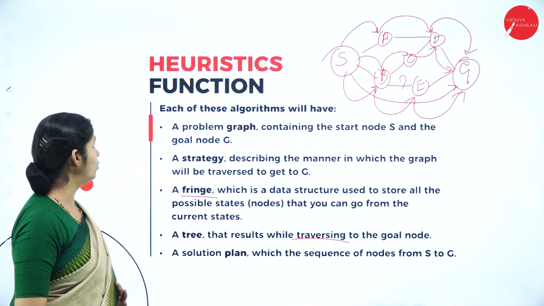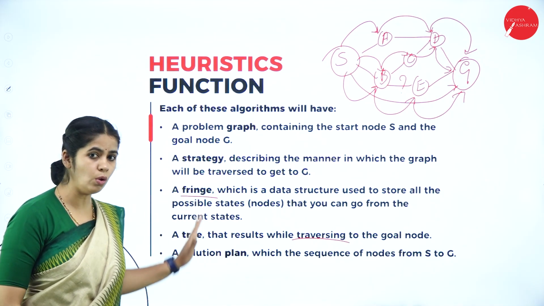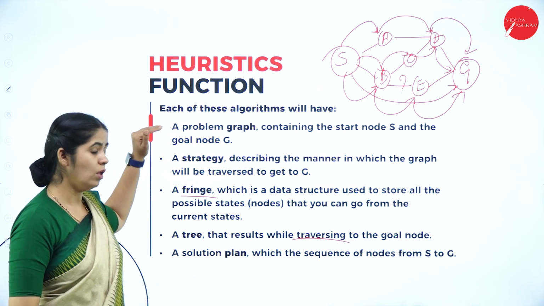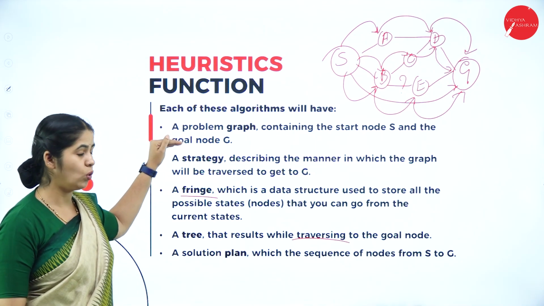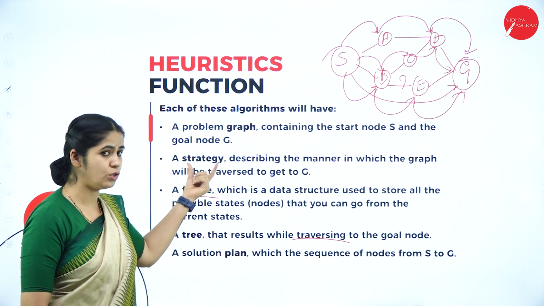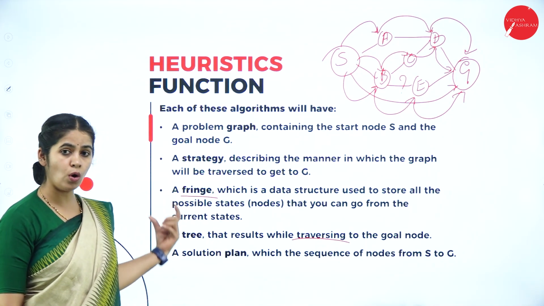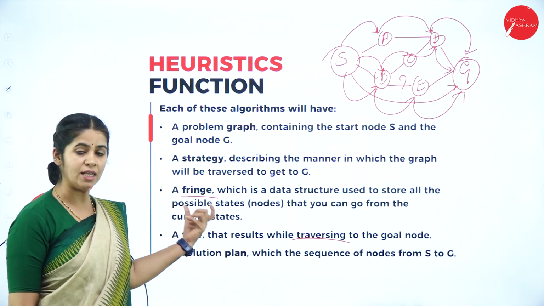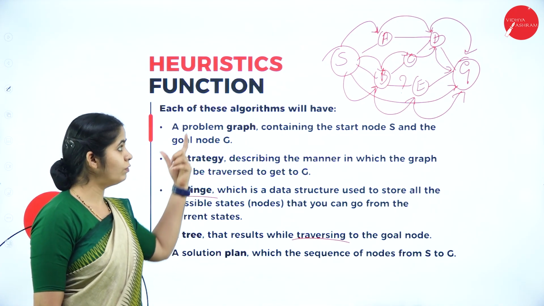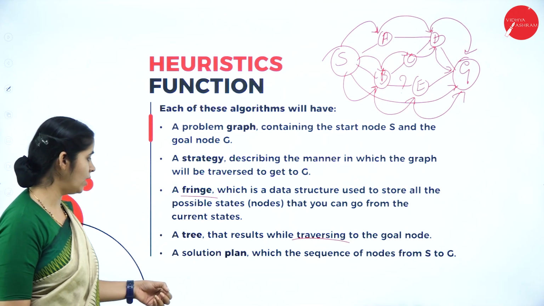So this is all about the heuristic function and the searching algorithm, how it is going to work. First you should have one start node and one goal node. For reaching from the start node to the goal node, you should have one strategy for how to reach from S to G. You should store all the intermediate transitions, or the visits of the intermediate nodes, in a data structure called the fringe.